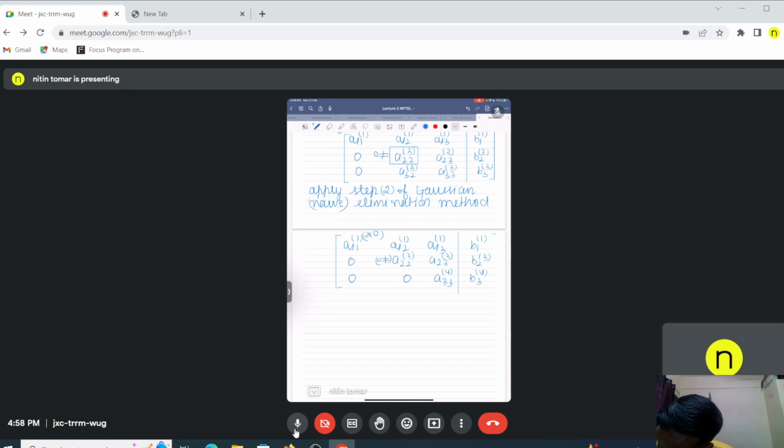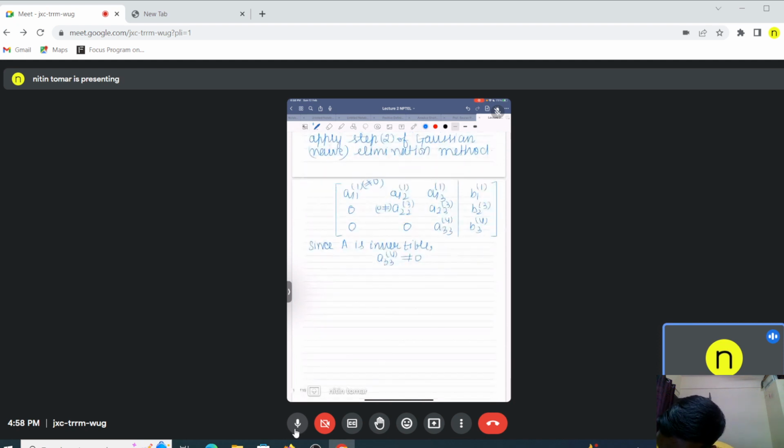And here you will have some fourth step. Suppose A33 is 0, then again it will not be invertible, right? Because one entire row, the last row, is going to be 0, so the determinant will be 0. So since A is invertible, A334 is not 0, right? Now, what will it imply?